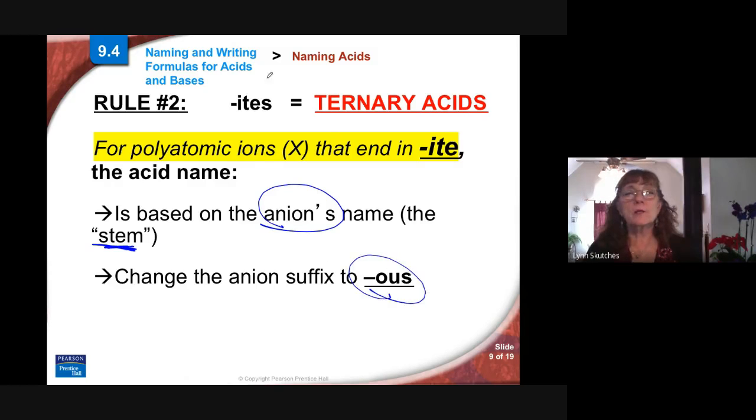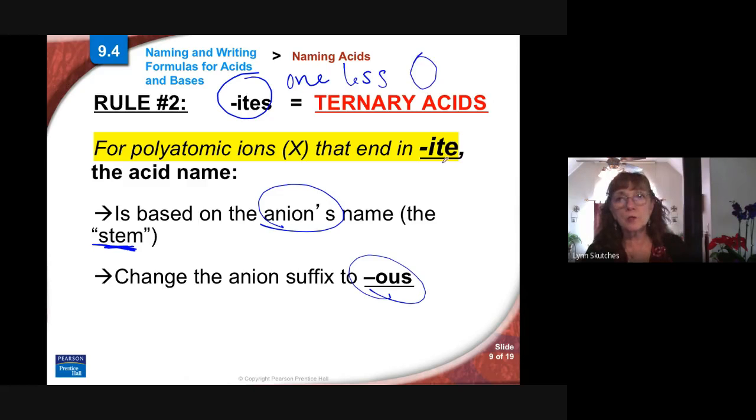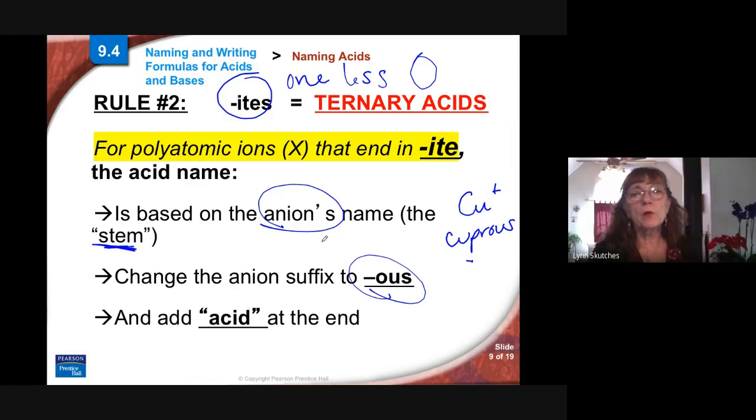So remember, ite is 1 less or lower number of oxygens, just like cuprous is the lower charge on copper. And then we throw acid on the end.